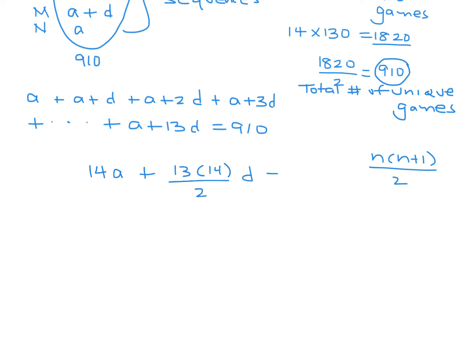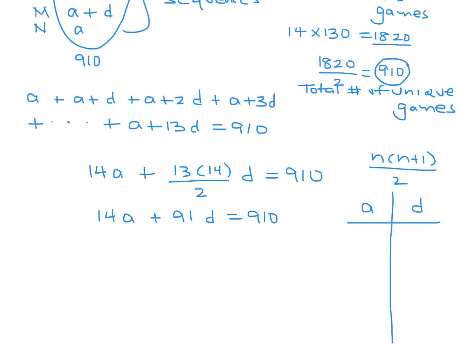Don't forget the D. And that is 910. So this is 14A plus 91D is equal to 910. Okay, now at this point, you just got to make a little table and try to figure out what values work. And now we're just trying to figure out integer solutions to this equation right here.